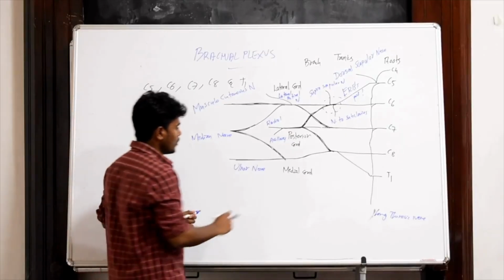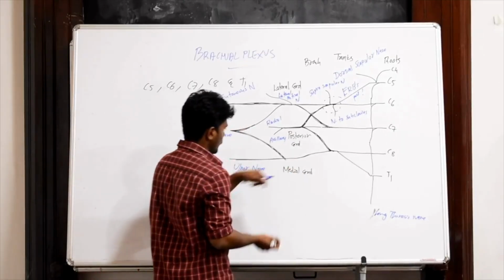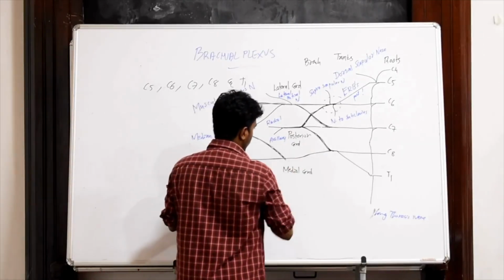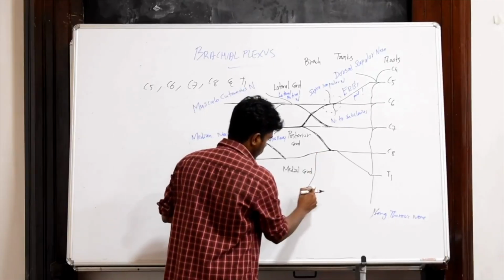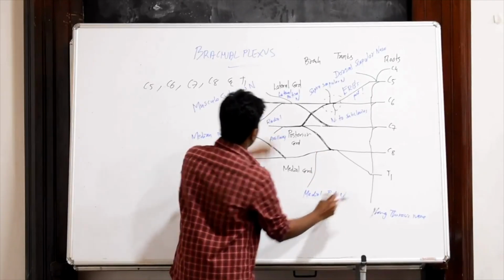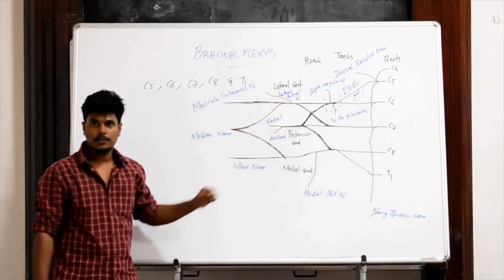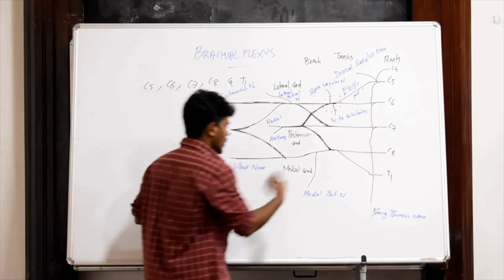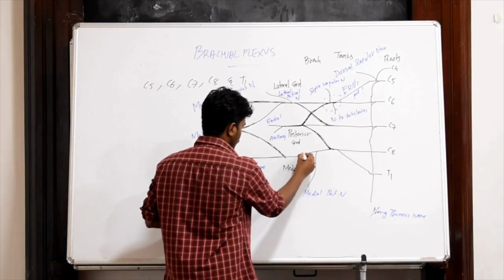Now, the other nerves of the medial cord. From the medial cord there will be a nerve called the medial pectoral nerve. We see the lateral pectoral nerve in the lateral cord, so we have a medial pectoral nerve here. After that, we will have two nerves.